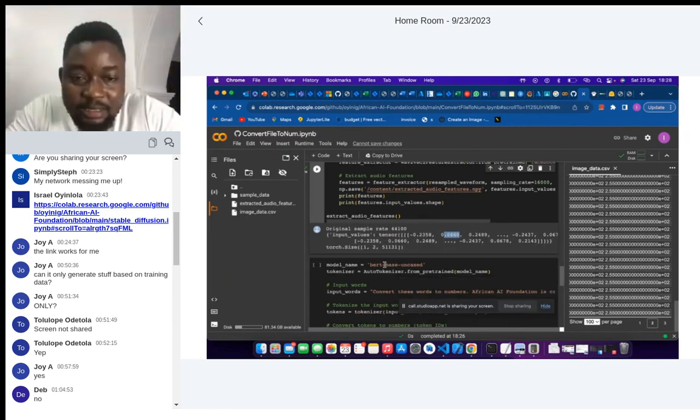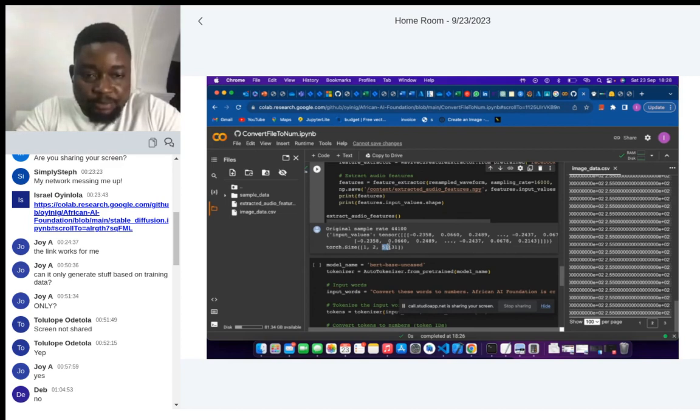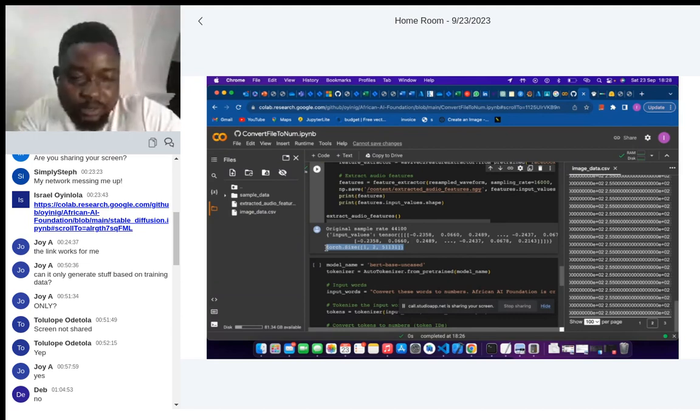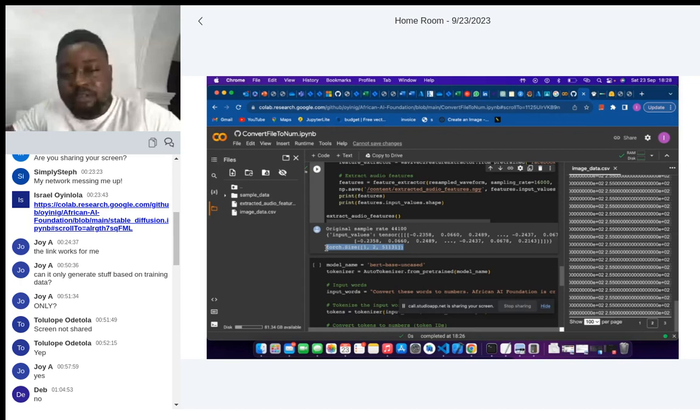That few seconds of audio contains about 51,000 numbers in 2 dimensions. So this is the shape, right? 1 by 2 by 51,131. But these are the numbers that represent the information contained in that audio.